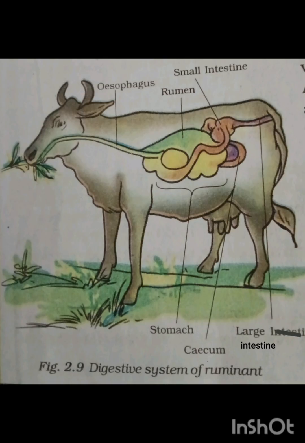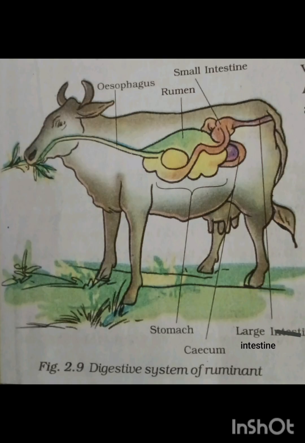It's a fermentation vat where microorganisms break down plant fiber like cellulose, making it digestible. Okay, understand? Here, partial digestion of food occurs and the product is called cud.